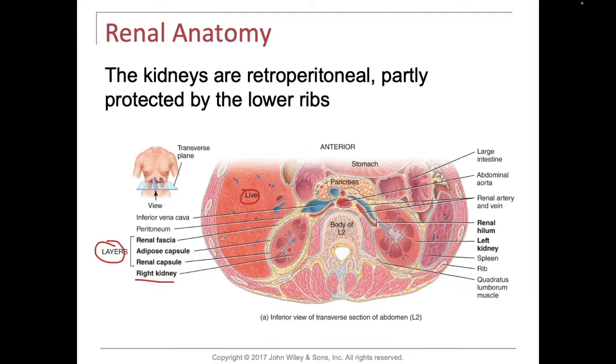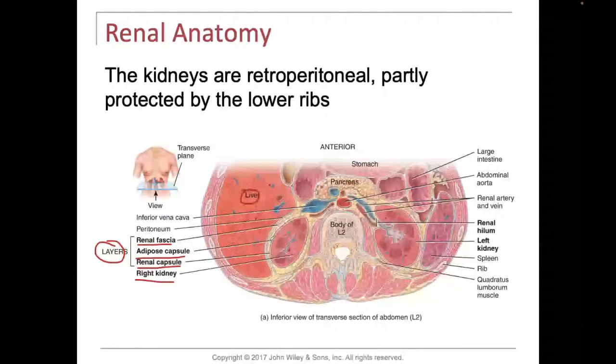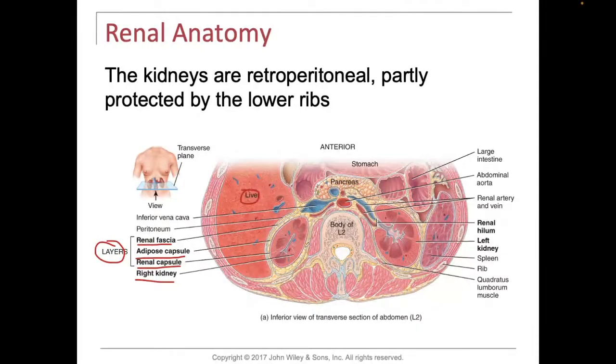And here is the kidney, and we can see that we have some renal fascia superficial to it. There's an adipose capsule, which is a fatty capsule, and then there's a renal capsule. And the renal capsule is that first layer that is superficial to the kidney.